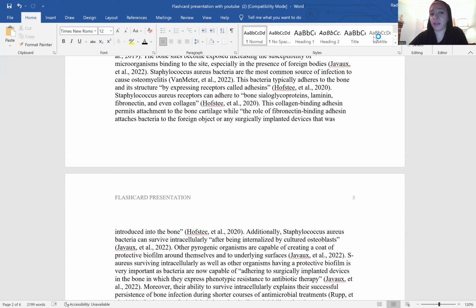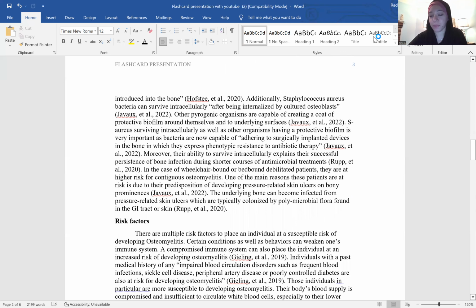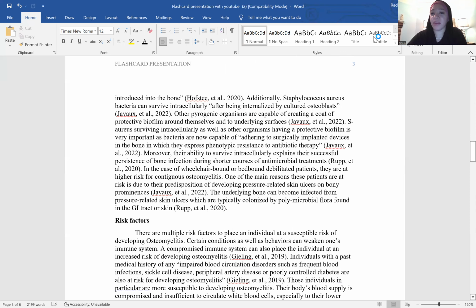This collagen-binding adhesin permits attachment to the bone cartilage, while the role of fibronectin-binding adhesin attaches bacteria to the foreign object or any other surgically implanted devices that were introduced into the bone. Additionally, Staph aureus bacteria can survive intracellularly after being internalized by the cultured osteoblasts.